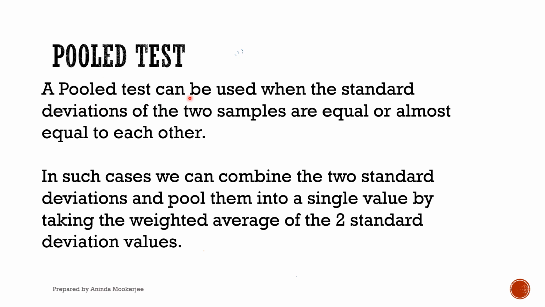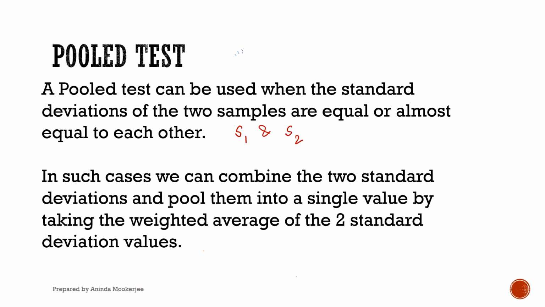A pool test can be used when the standard deviations of the two samples are equal or almost equal to each other. All right. So we can use the pool test methodology when the two standard deviations, which will be S1 and S2, are equal.